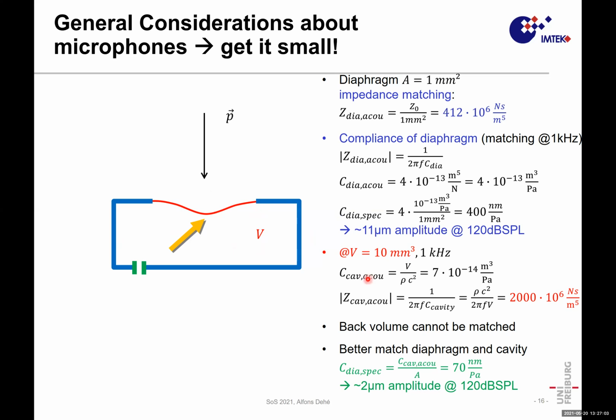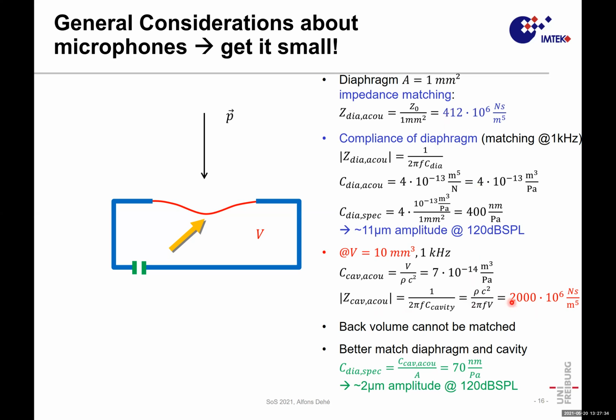Okay, calculating from the volume divided by rho c squared, we get also a compliance. From this we can calculate basically the acoustic impedance of the cavity, resulting in 20 times 10 to the 6 Newton second per meter cubed. So now the impedance of the cavity and the impedance of the diaphragm are quite different, a factor of 5 in between.